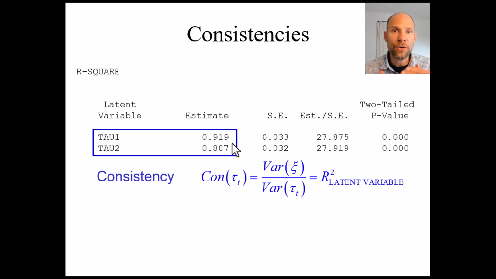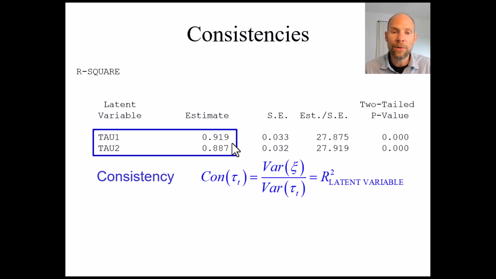This is a very trait-like construct such as intelligence. So if you ran an LST model on an intelligence test that was measured at 2 time points, you would find similarly high consistency coefficients, probably if not even higher, because intelligence tests tend to have very high stabilities across time, very high correlations of the true scores across time, and so there's not much situation-specific variance involved when people take intelligence tests.